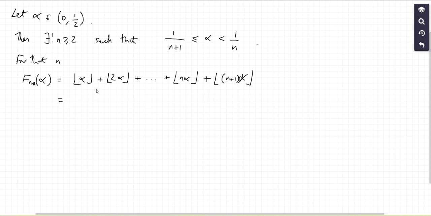Just from the left hand side of this, you can see that n plus 1 times alpha is greater than or equal to 1.